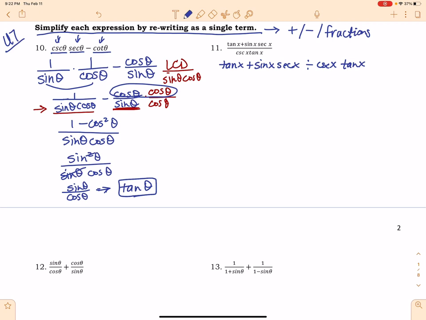So tangent, I'm going to change to sine x over cosine x. That's one of our quotient identities. Plus, I'm just going to leave sine x here, but I'm going to put it over 1 so that I'm using some consistency. And then secant x, I am going to change that.